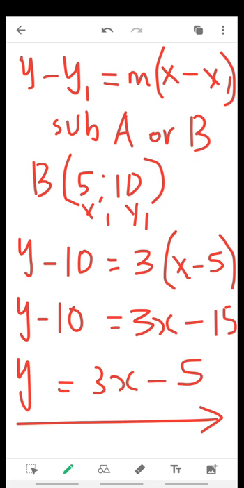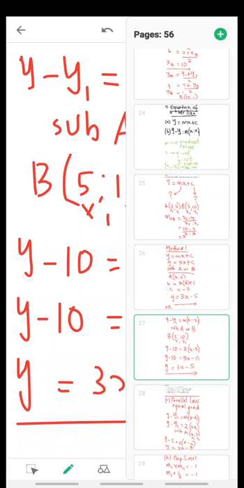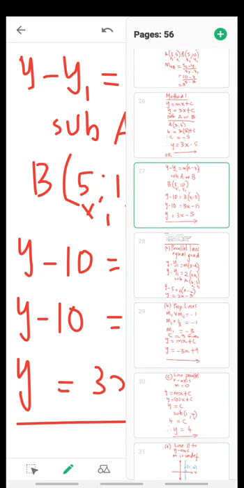So, Y minus, what is Y1? 10 equals M, which is 3, the gradient. Then X minus, what is X1? 5. When I simplify, 3 times X, 3X, 3 times minus 5, minus 15. Transpose the minus 10, then it will be 10 minus 15. Therefore, 3X minus 5 will be equal to Y. Okay, that is how we find the equation of a straight line.